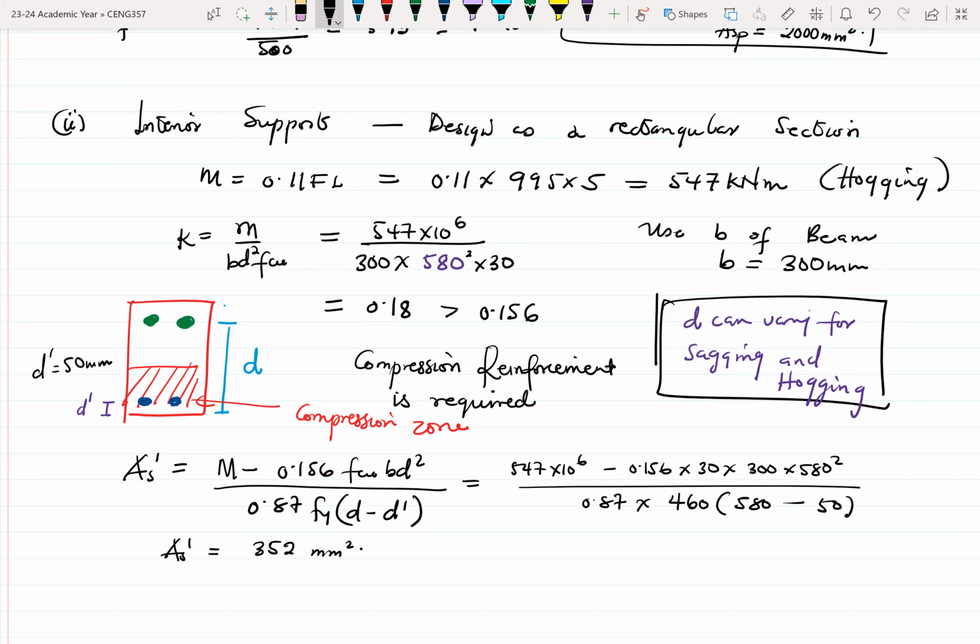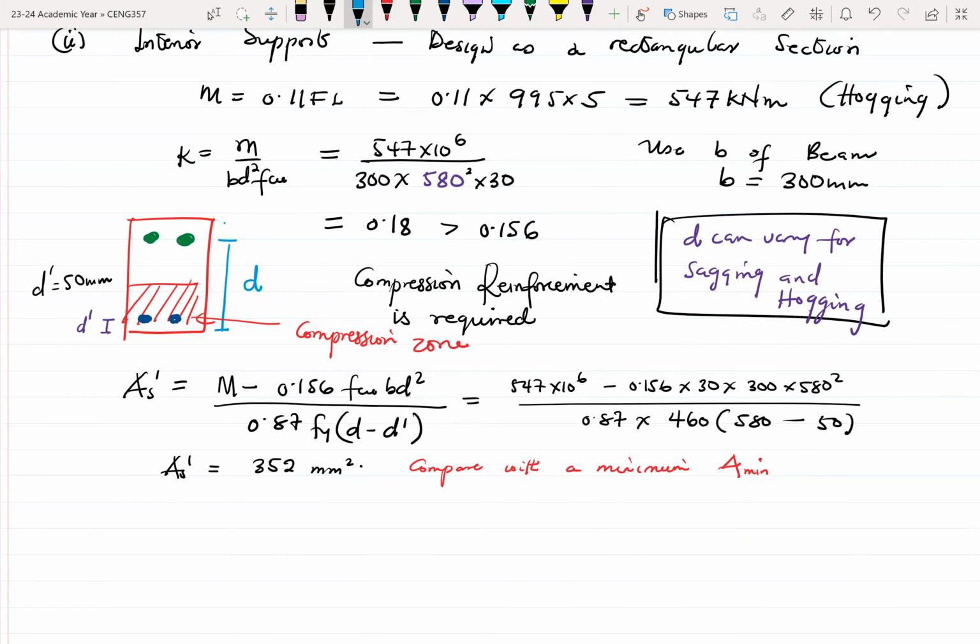Usually, you also have to compare with a minimum. Okay, I'll look for that value and then I'll add it to the notes. So a minimum area, A min. Okay. So that if your AS prime is more than the minimum area required, then great. If it's less than the minimum area required, then you go for the area minimum. Right. So let me just put that into this table.